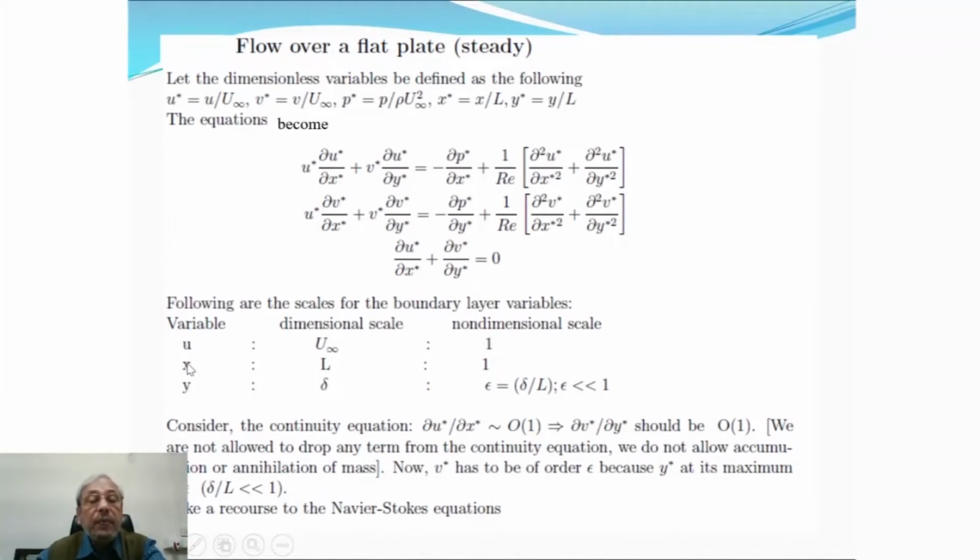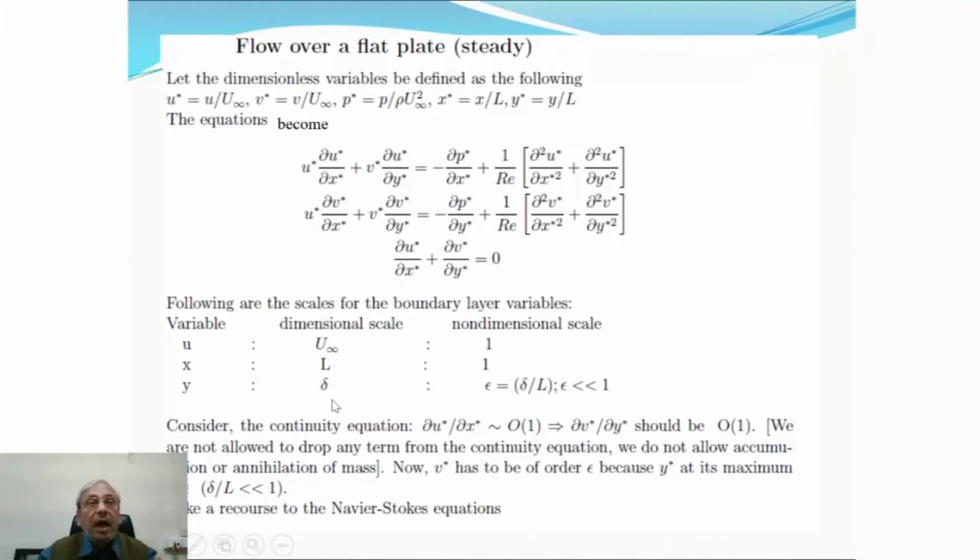Similarly x, the flow direction, if L is the plate length, flow over a flat plate, so at the end of the plate, x star is supposed to be 1. y is meaningful up to a very small length scale, which is delta.